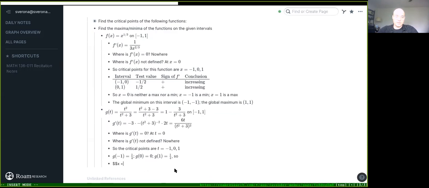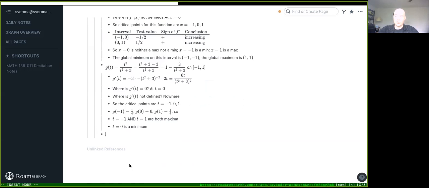So t equals -1 and t equals +1, sorry, t, not x, I get in a habit, are both maxima because they have the same value at either end. In fact, this is an even function, so you could have figured that out right away. And so t equals 0 is a minimum. I forgot to type 0. T equals nothing. That's the same thing, right? Okay. So there you go.